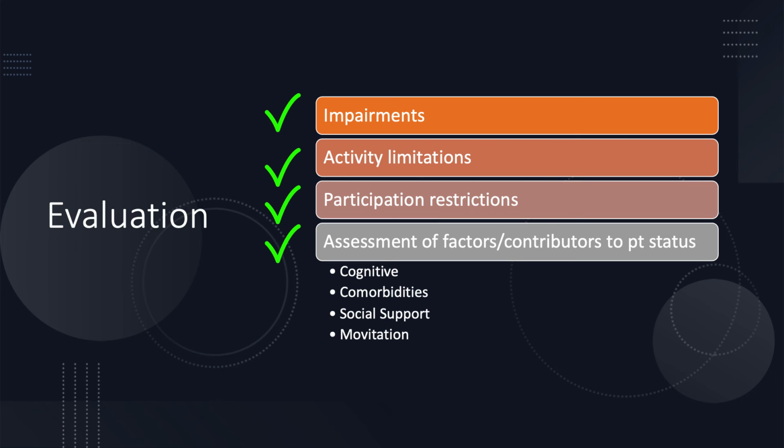So if there are cognitive issues or comorbidities that might make that prognosis a little further out than you'd typically think with the natural history of whatever condition they have, social support and motivational factors as well. So we try to reinforce that the ICF model can help them make a quality evaluation and interpretation of the data that they collect during the examination.